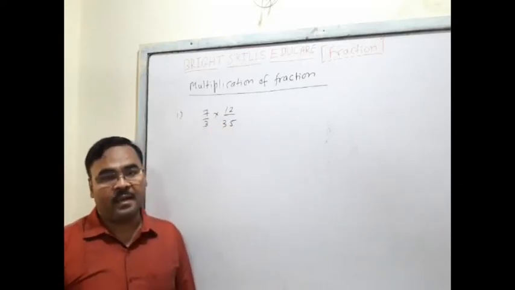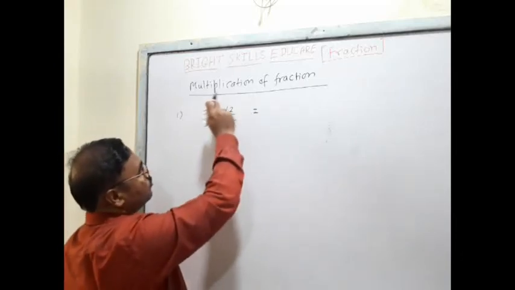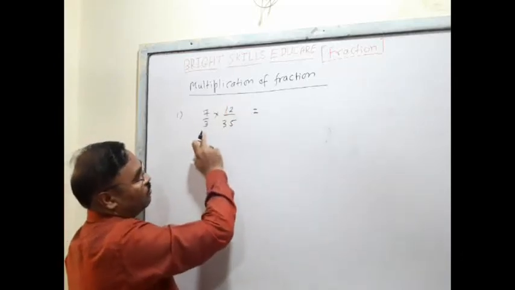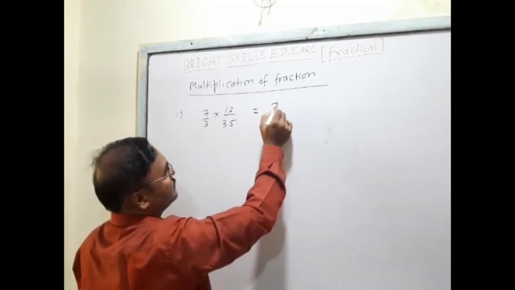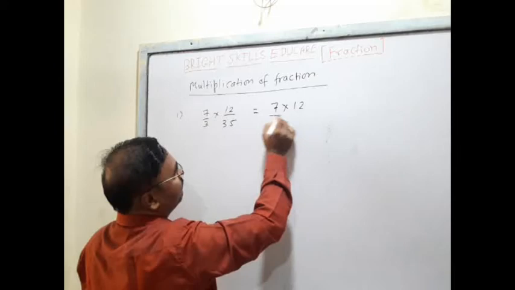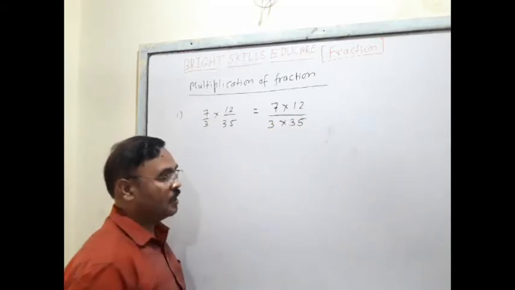We have to multiply it. See here, students, numerator should be multiplied with numerator and denominator should be multiplied with the denominator. It is (7 into 12) upon (3 into 35).